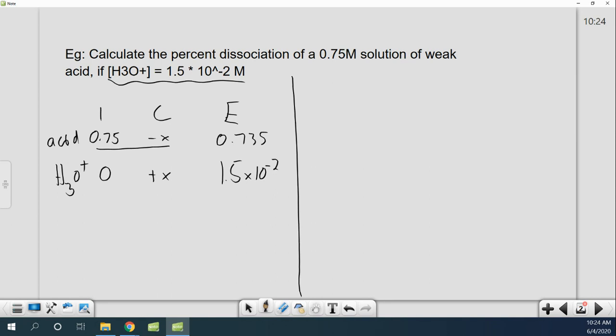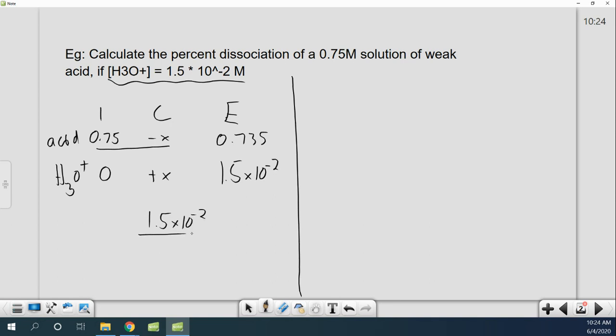And so then your percent dissociation, you just divide those two. 0.735 divided by 10 to the power negative 2. Wait a second. I did that upside down, didn't I? Always check the formula.